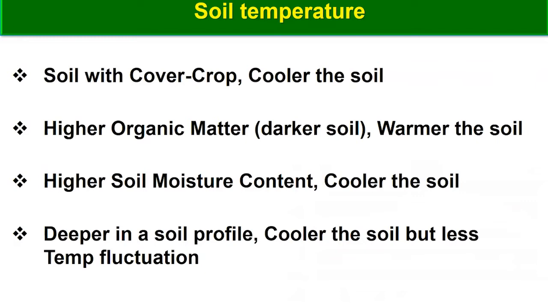So the takeaway from the charts and what we discussed on soil temperature: soil with cover crop would be cooler; the higher the organic matter, the darker the soil, the warmer the soil; the higher the soil moisture content, the cooler the soil; the deeper in the soil profile, the cooler the soil, but with less temperature fluctuation.